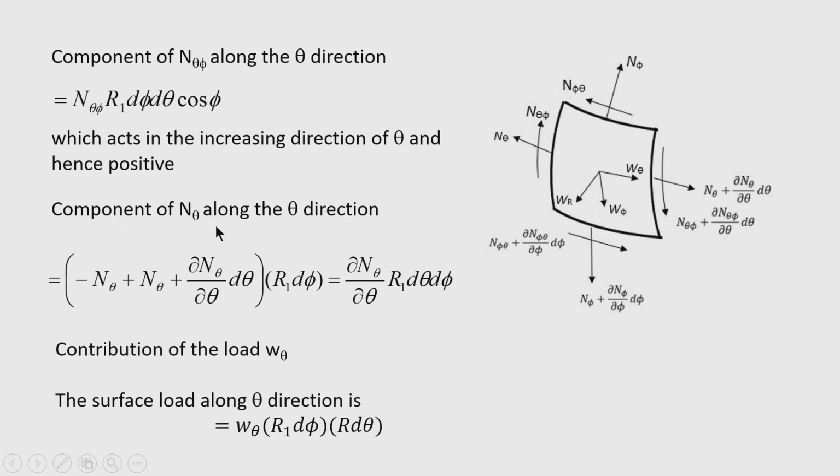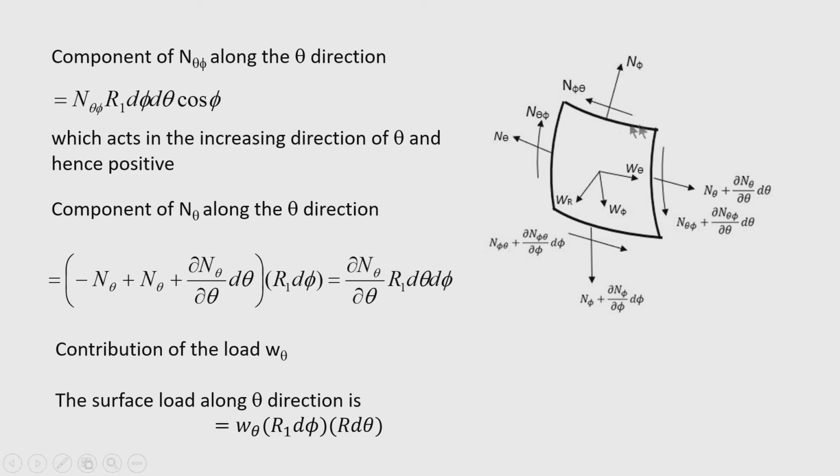Component of n theta along the theta direction. n theta is here, n theta is in this direction, and on the opposite edge this is n theta plus del n theta by del theta into d theta. This component is found just after summation, because these forces are acting along the tangent, so there is no need to resolve to get the component.